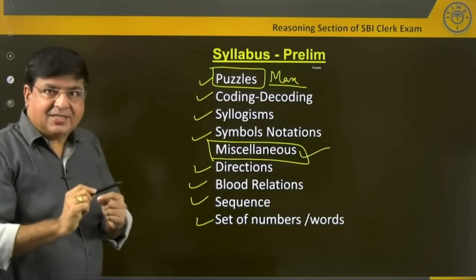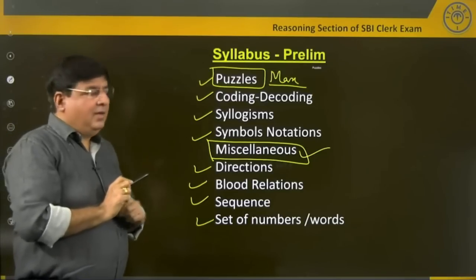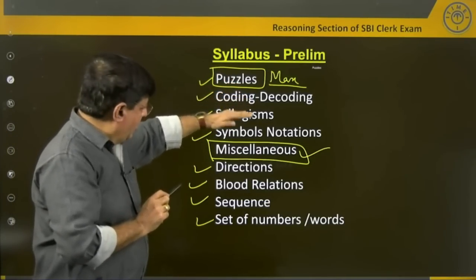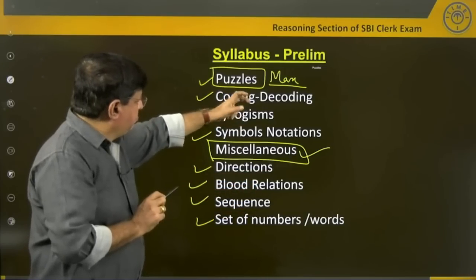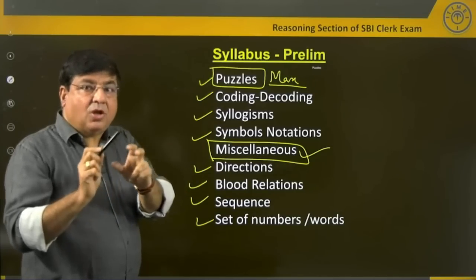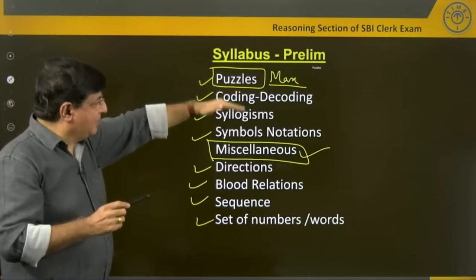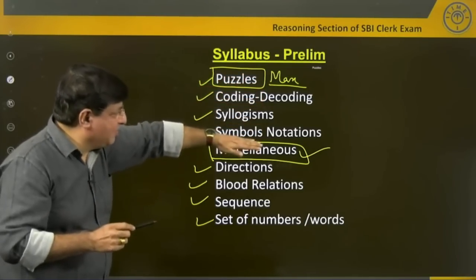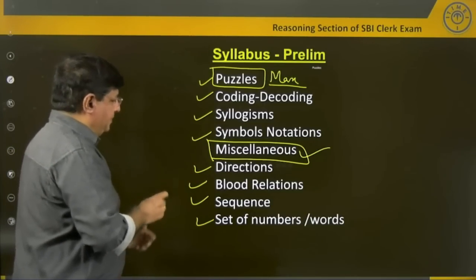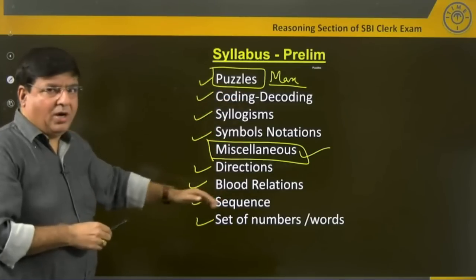What the weightage is, we will see in the next slide, but for the time being, the number of questions is maximum from puzzles. For all the other topics you get 2 to 3 questions, 3 to 4 questions, depending on the slot the exam is conducted. In some slots you may get coding decoding. In some slots you may not get coding, but you may get symbols notation, etc. That also we will discuss in the next slide. So these are the topics, or you can call it the broad syllabus.